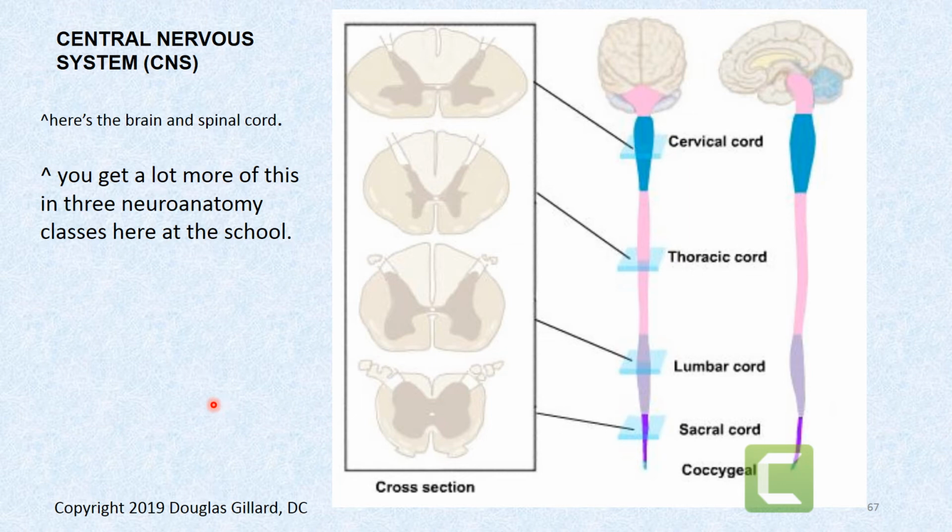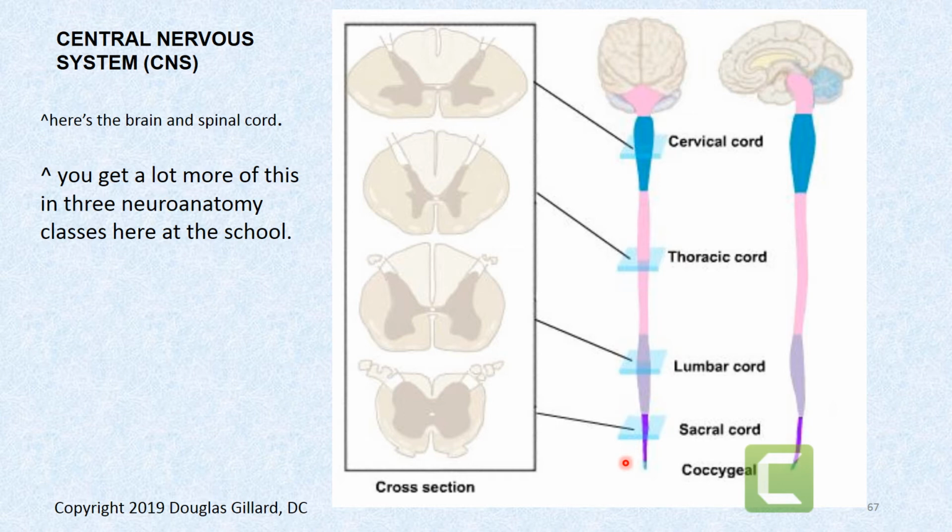Here's just a cartoon. You'll get a lot more of this, and we're not going to get into the gray matter in the middle and the white matter on the outside, but here's the brain and here's the spinal cord. It goes down to the coccygeal part of the spinal cord. The weird thing is that this part of the spinal cord is at about the level of T1 or L1.